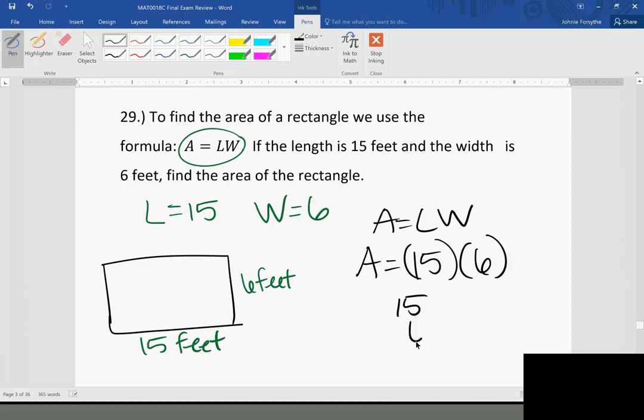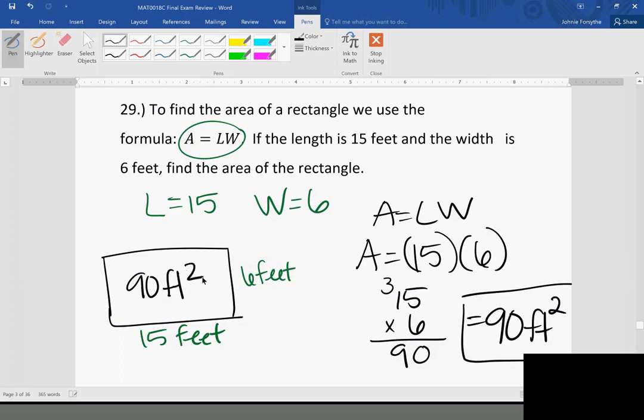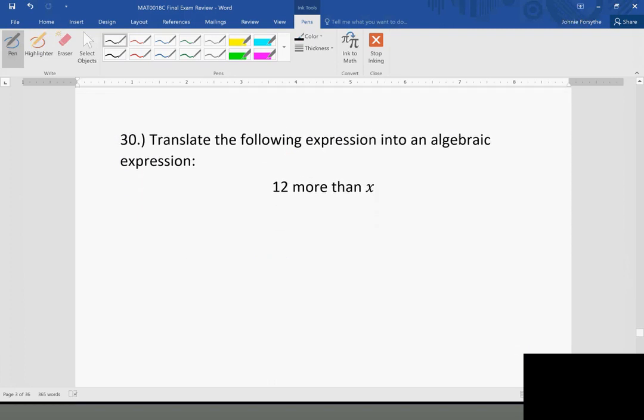So if I do 15 times 6, 6 times 5 is 30, carry the 3. 6 times 1 is 6, plus 3 is 9. And now, since we did feet times feet, the answer is going to be 90 feet squared. That's going to be the area of that rectangle.